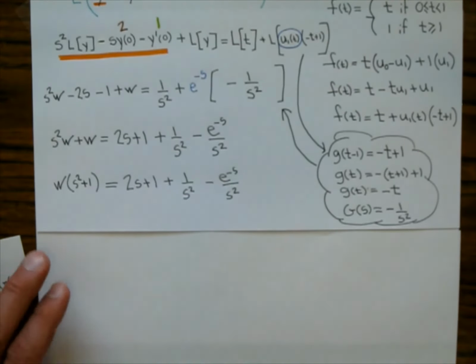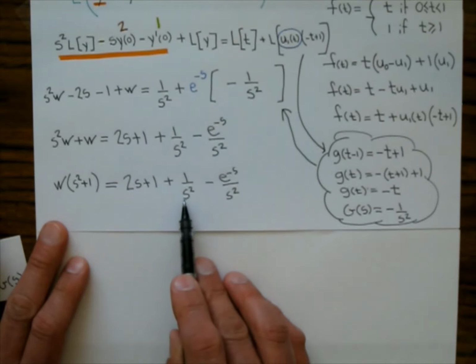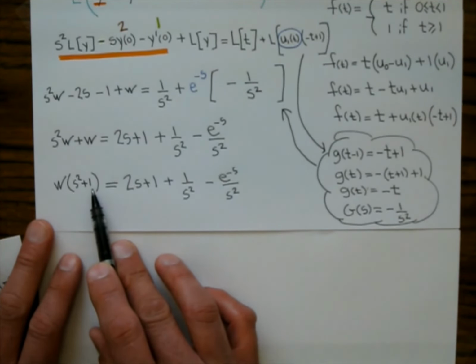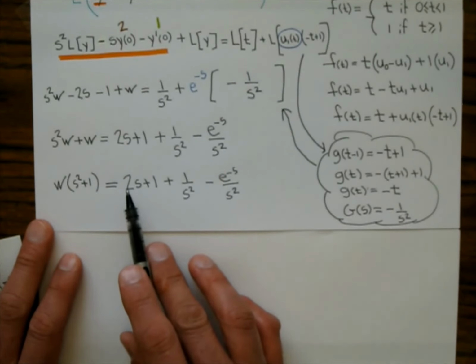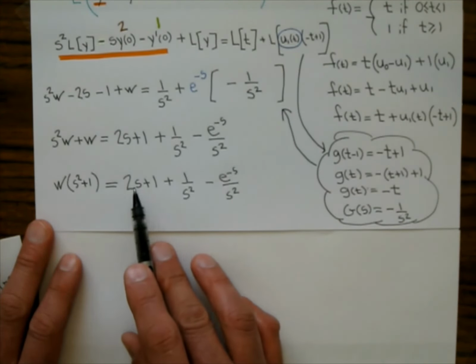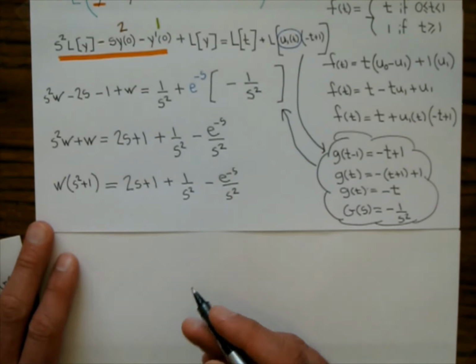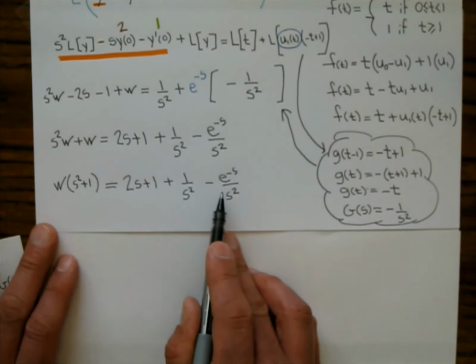I'm not going to put the 2s and the 1 with the 1 over s with one fraction, because when I divide by s squared plus 1, I can find the inverse transform of 2s over s squared plus 1. That's going to be like some sort of cosine thing. So let's go ahead and keep all 4 of those terms separate.